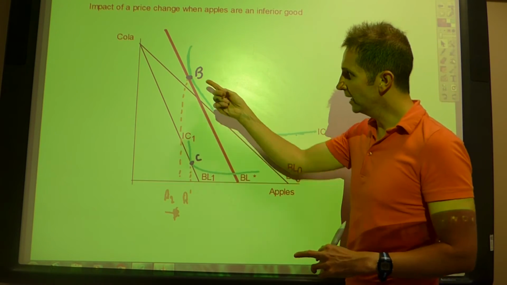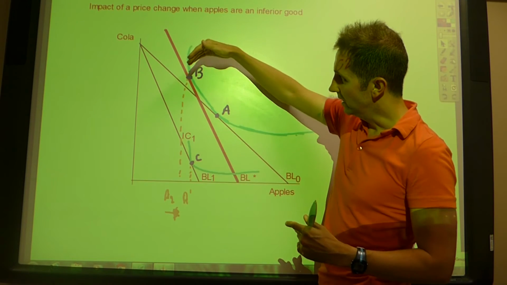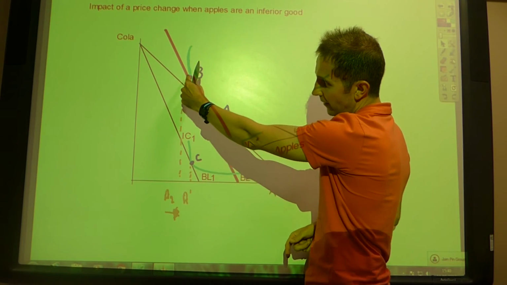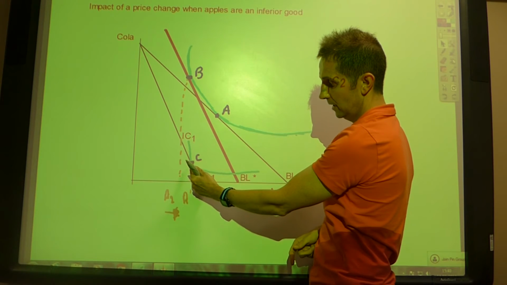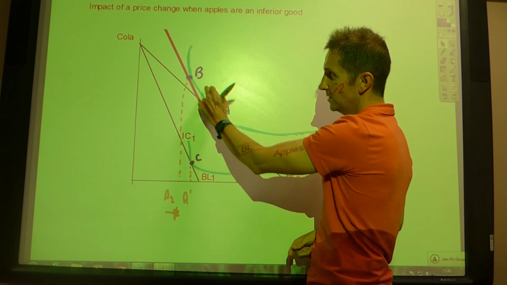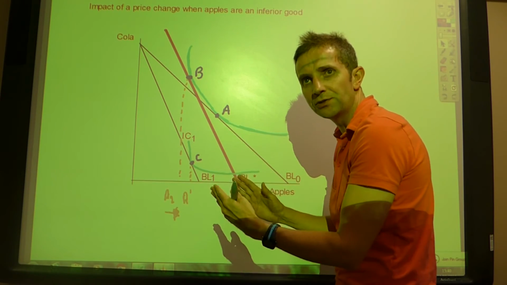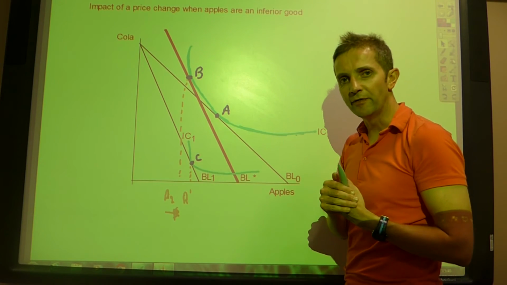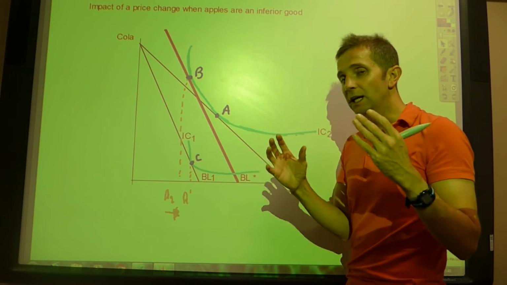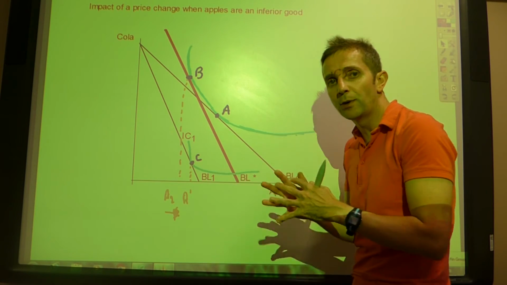And so you can see here we've got a slightly positive income effect, as the consumer is preferring to consume a few more units of apples. So we've gone A to B substitution effect, highly negative, but we've got a slightly positive income effect, in that because apples are an inferior good, even though the price has gone up, the income effect is still slightly positive.